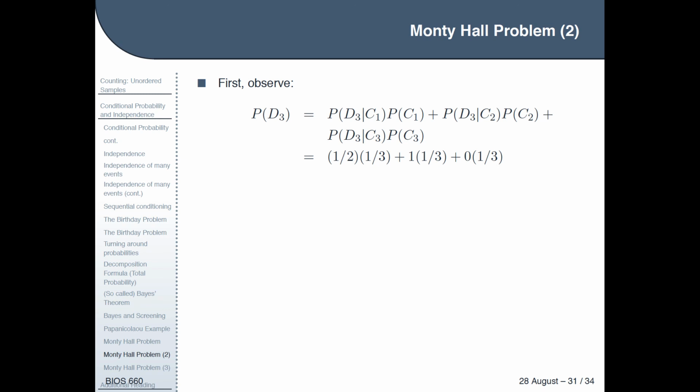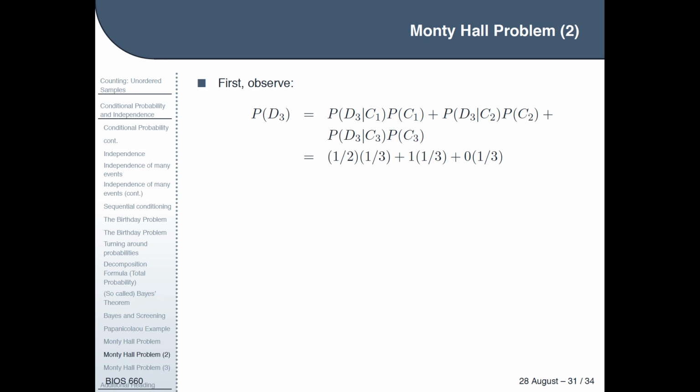If the car is behind the first door, then he can open either door 2 or door 3. It doesn't matter, there is a 50% probability that he'll open each one.